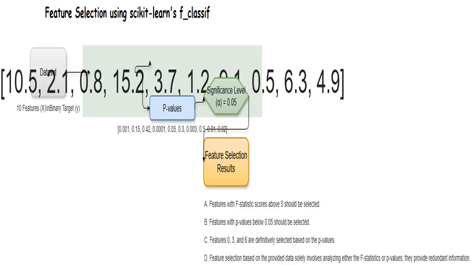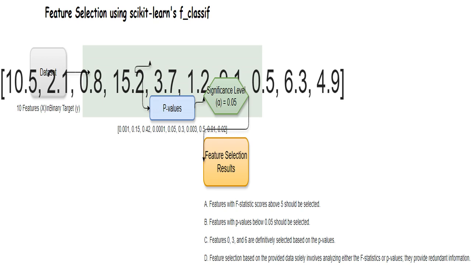Along with the f-statistic scores, I also get p-values. A p-value represents the probability of seeing the result I got if there were actually no relationship between the feature and the target. A small p-value, usually less than 0.05, means it's unlikely the result is by chance, so I consider the feature important.